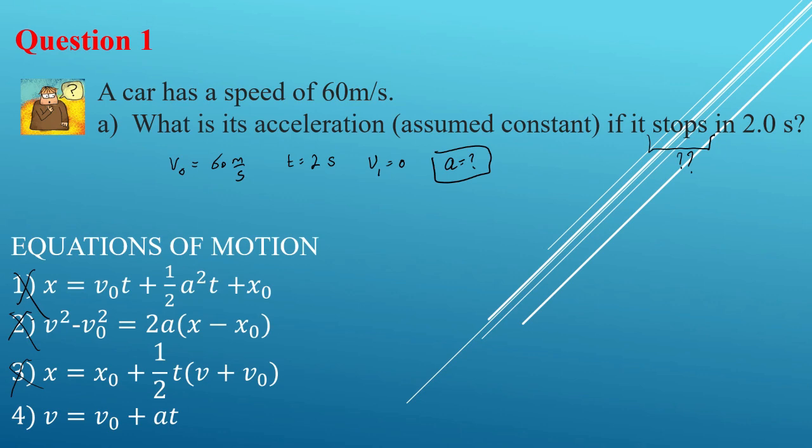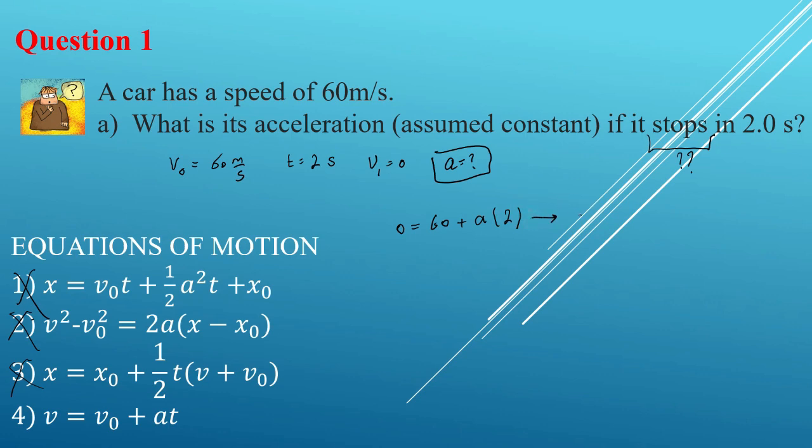Let's substitute the values. So my V1 is gonna be 0. That's the point you have to be careful about here, because your final velocity is 0, not your initial velocity. You had a car, it's moving, and then it stops. So your final velocity is going to be 0. Your initial velocity is 60, right? You're looking for the acceleration, and time is 2, right?